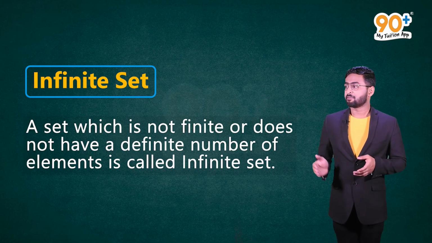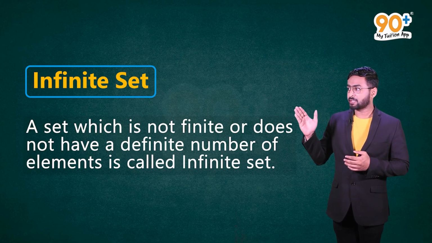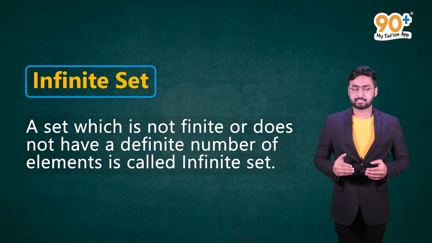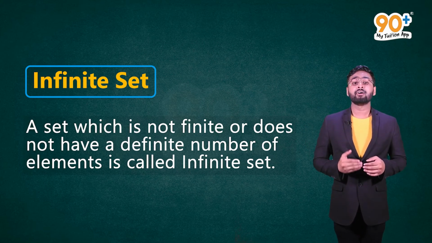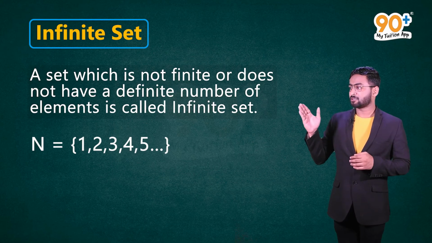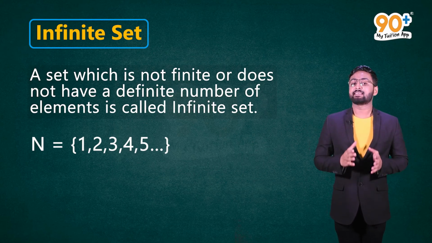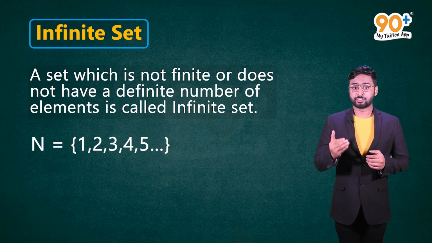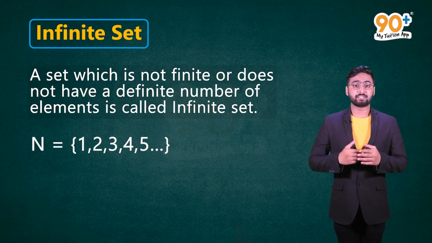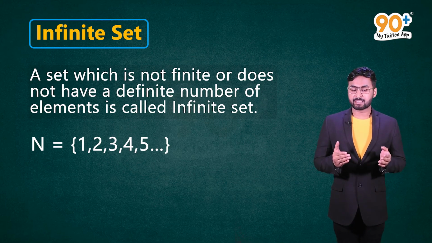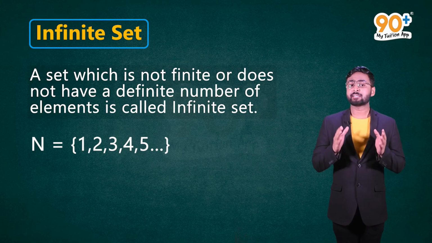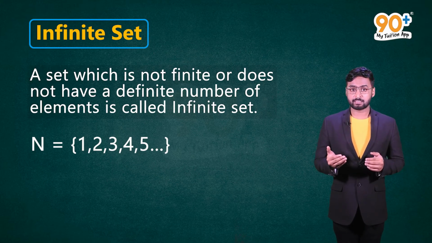A set which is not finite, or does not have a definite number of elements, is called an infinite set. For example, the set of all natural numbers is an infinite set as there is no limit to the elements of the set. When we write a set in roster form, we list out all the elements of that set within braces.